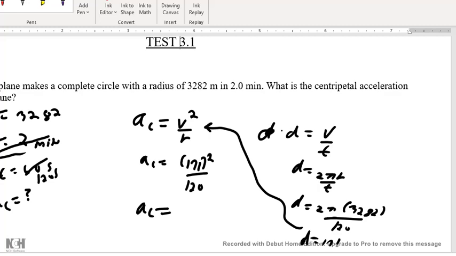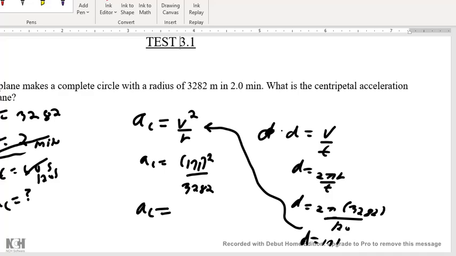The radius was wrong right here, so we need to go back and erase it. The radius right here was actually 3,282.